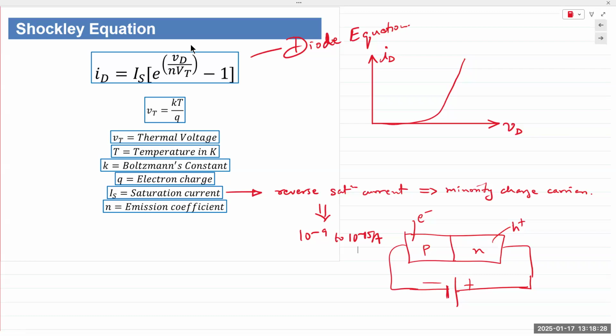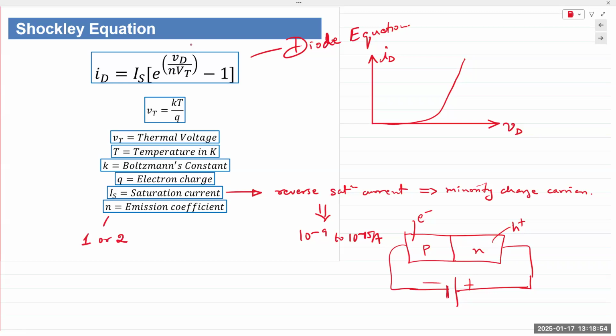Then N, and we typically almost disregard N because N is a constant provided by the manufacturer. It's typically between 1 and 2. It describes the non-ideality of the diode characteristic.